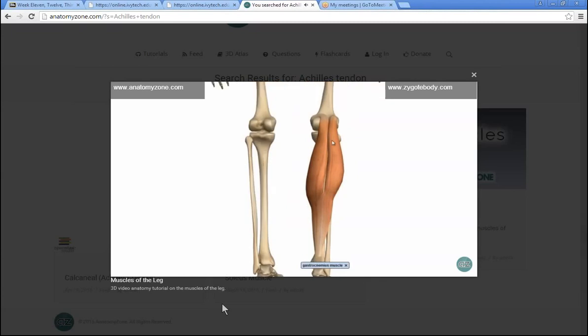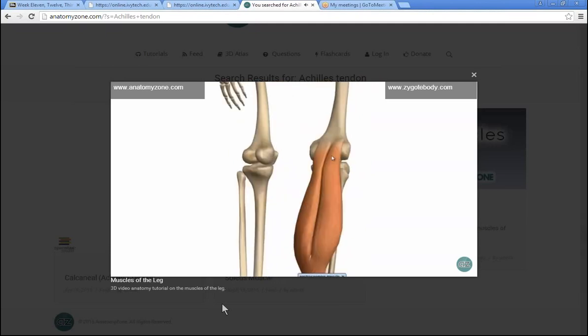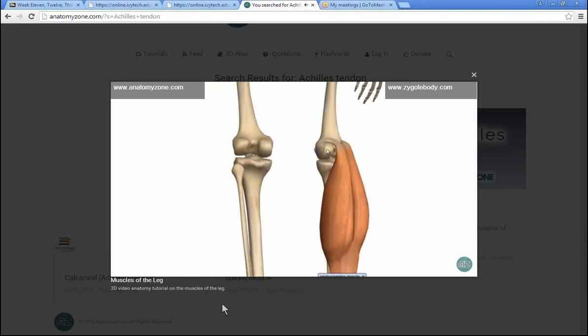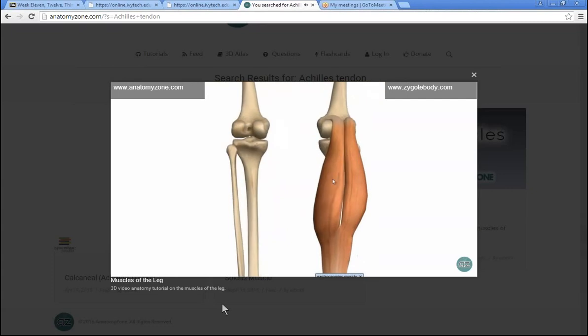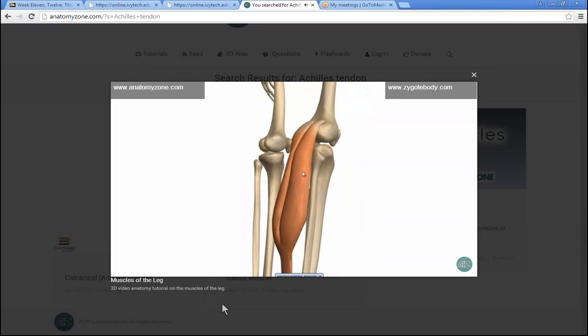So I've just isolated this muscle so you can see it a bit more clearly. And you can see the origin of this muscle on the upper surfaces of the femoral condyles. So the medial head originates on the upper surface of the medial femoral condyle, and the lateral head originates on the upper surface of the lateral femoral condyle on a distinct facet.